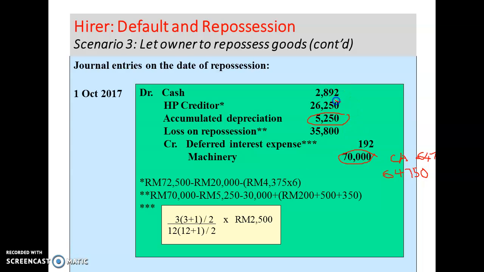So you're going to close this account for 26,250 and you're also going to close the deferred interest expense account. This actually represents the amount of the statutory rebate that is not yet recognized.